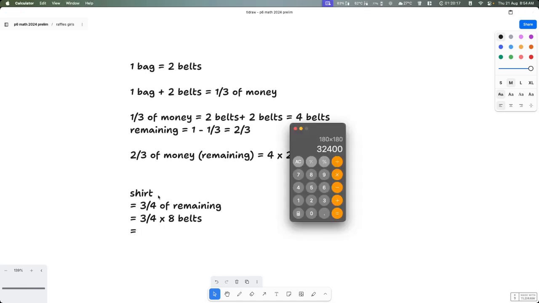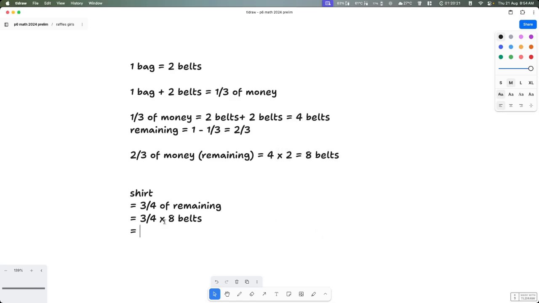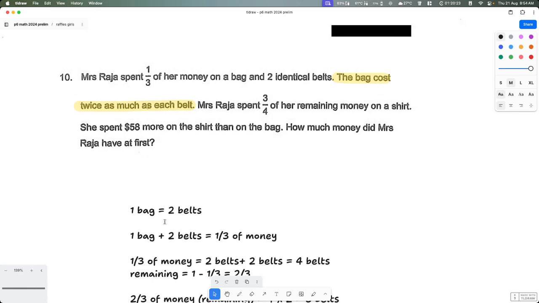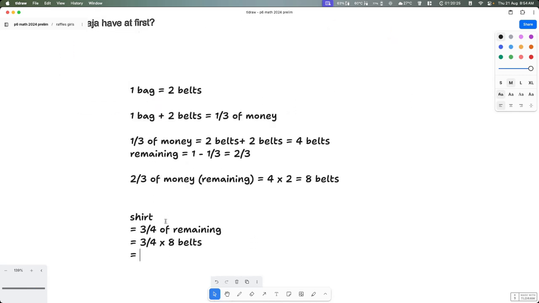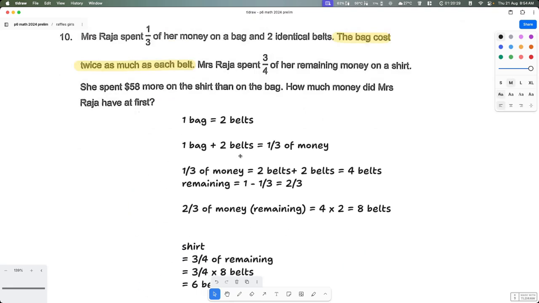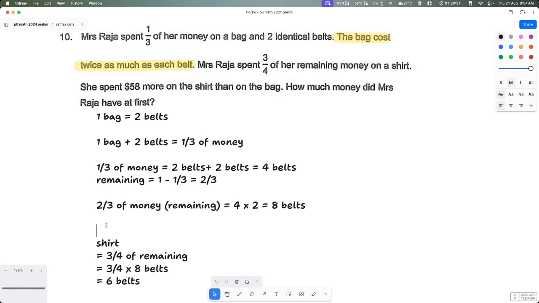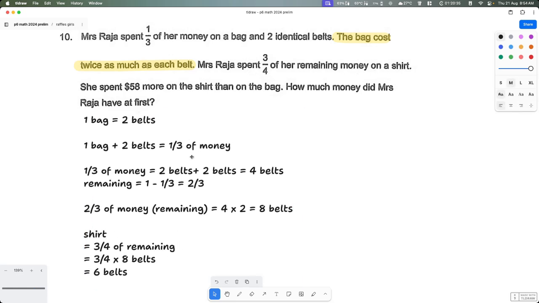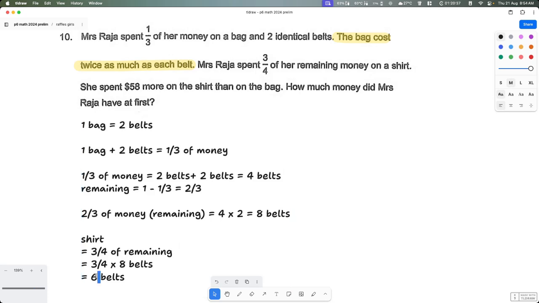So 3 divided by 4 times 8 is 6. So the shirt is 6 belts, right? 6 belts. So we know that the shirt is worth 6 belts. So she spent 3/4 of the money on a shirt.